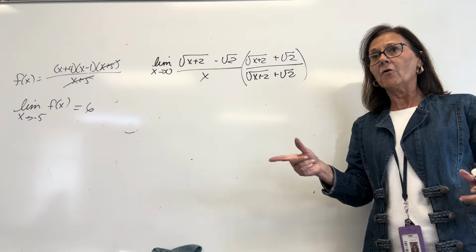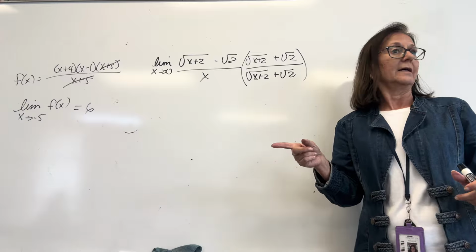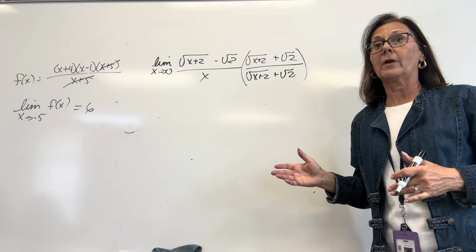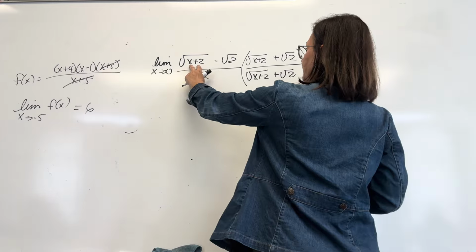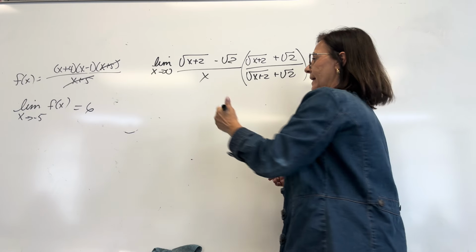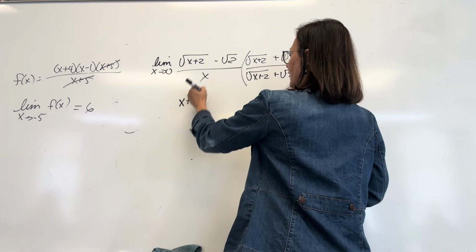Do I have to FOIL when I multiply conjugates? No. I multiply first and I multiply last. What's the square root of x plus 2 times the square root of x plus 2? It's x plus 2.